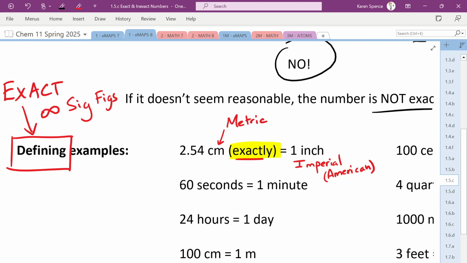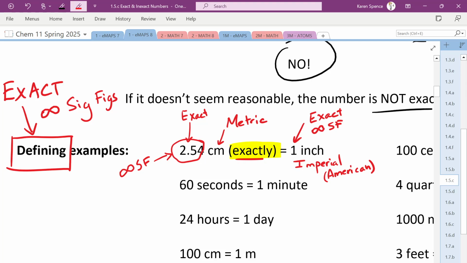You'll be like, yes, it actually says the word exact. 1 inch, anytime you have a 1, it's always going to be exact. Okay, if you have a single 1 and you're looking at converting two things, that's always going to be exact. So this 1 has infinite sig figs, and this 2.54, even though it looks like it has 3 sig figs, because it is exact, it is infinite sig figs.